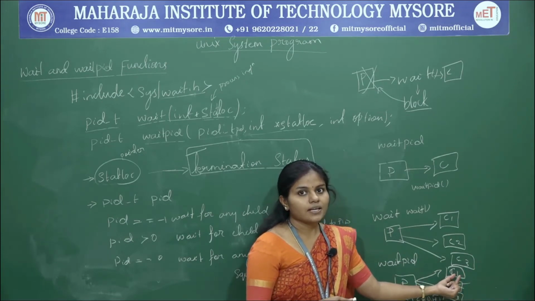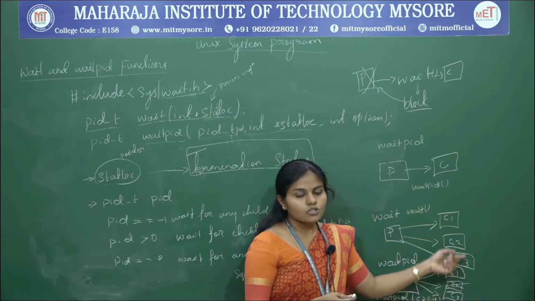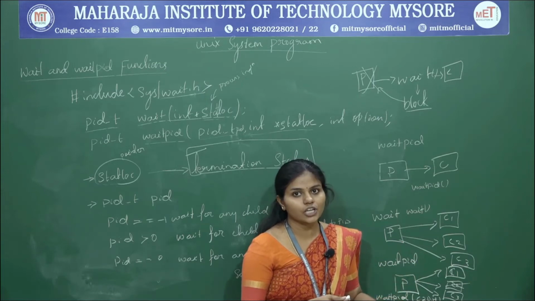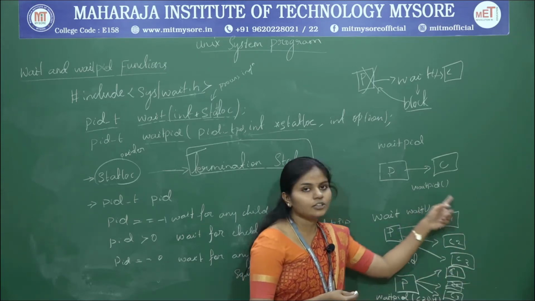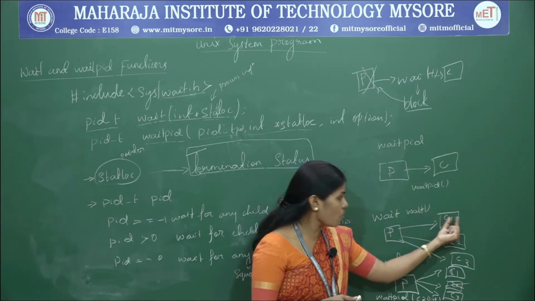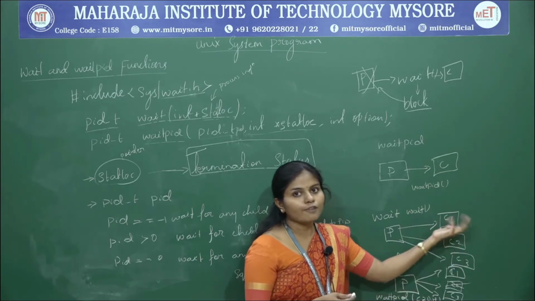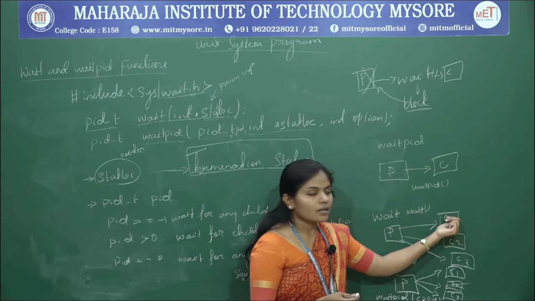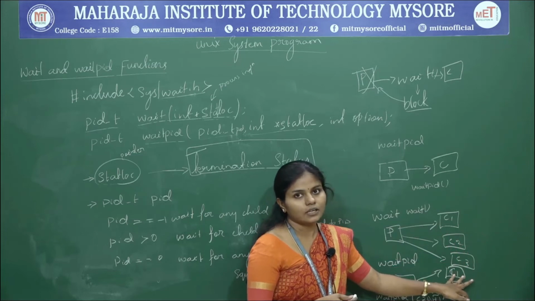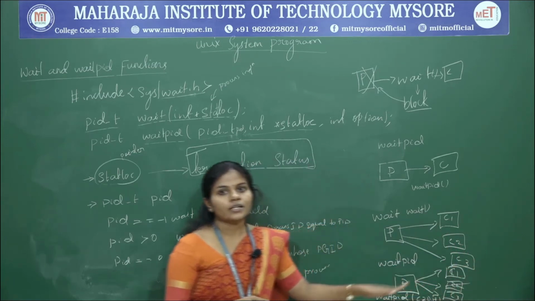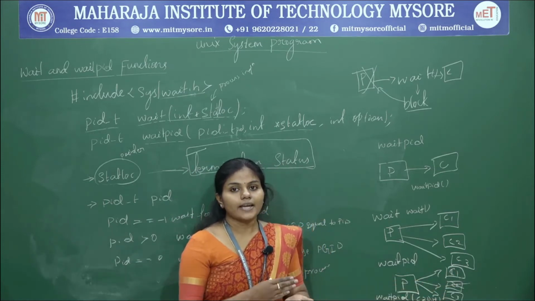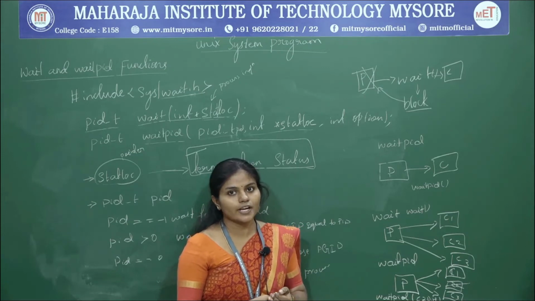It is not compulsory to wait for all the children. So you can get the termination status immediately for the particular child, but it is not possible in wait. Wait performs the termination operation for any one of the children, so it may be C1, C2, or C3. But here you can take the termination status for the particular child. That is the second difference between wait and waitpid.